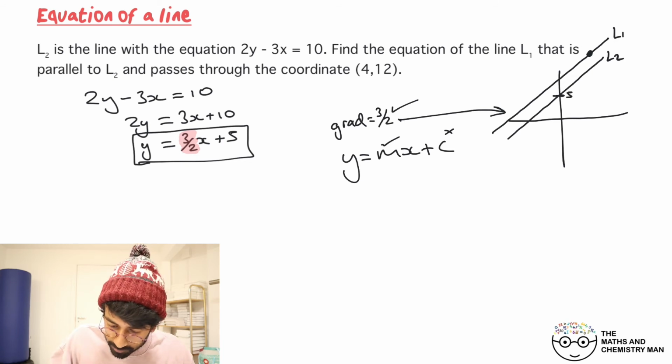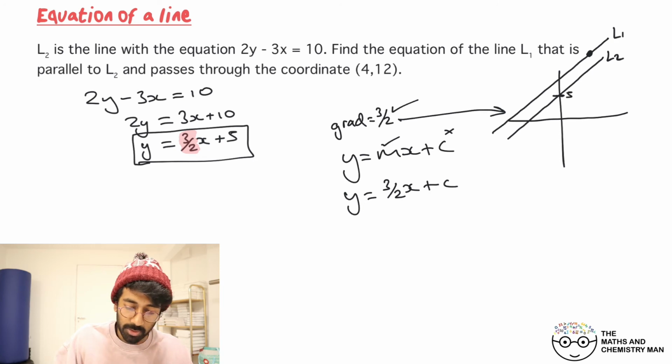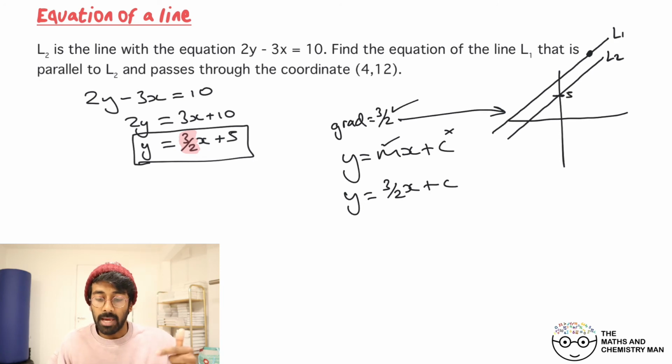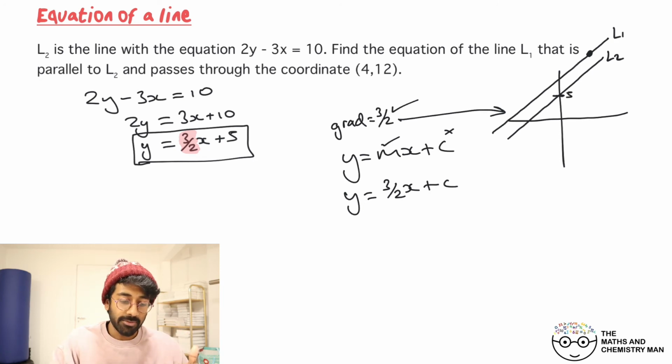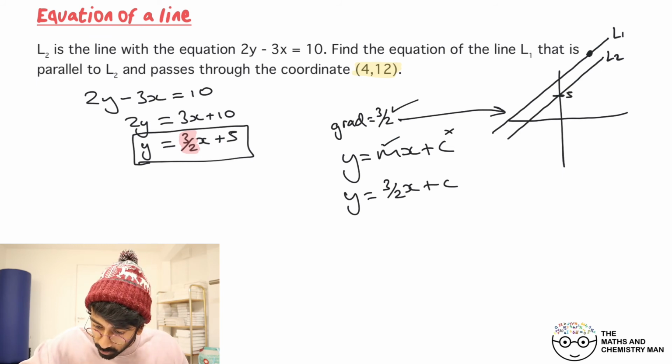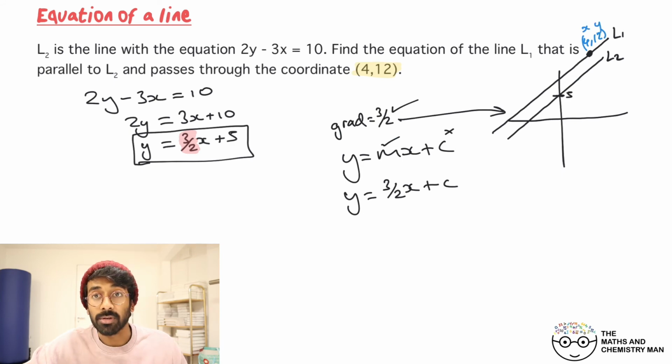Well, we can start to fill this out. Because we know the gradient is 3 over 2, I'll fill that in. But now, we were given a point, 4, 12, that lies on that line L1. So let me just label that here as well. 4 is an x coordinate, 12 is a y coordinate. So what can we do with this?